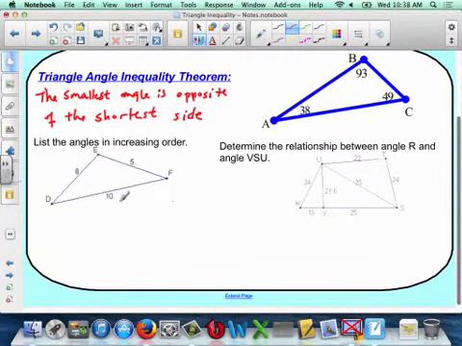So if we look down here at triangle DEF, and our instructions are to put the angles in increasing order, which means to do what? Smallest to biggest. So I need to find my smallest angle. So Patrick, according to the definition, where would I find my smallest angle?